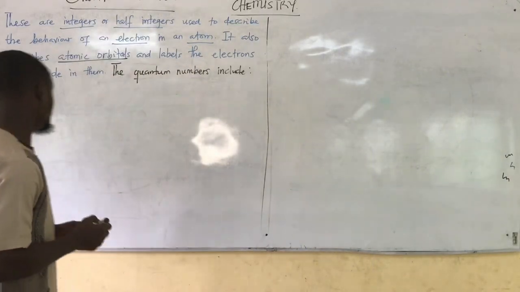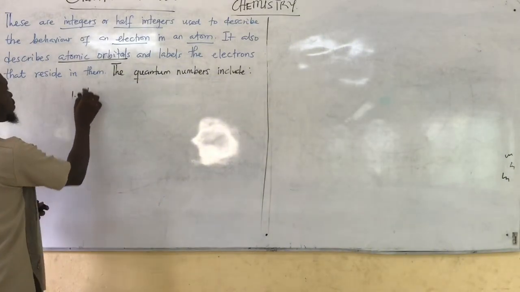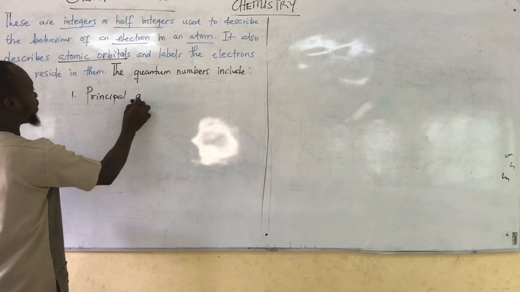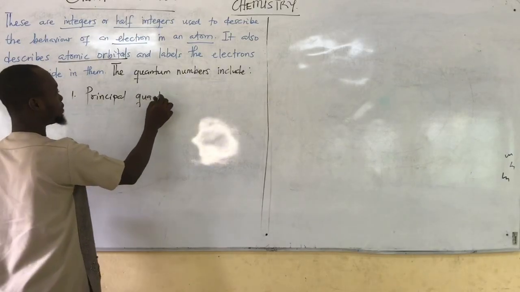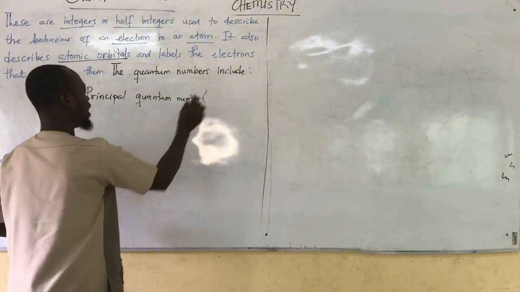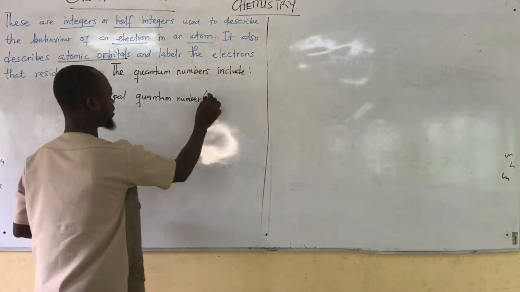One, we have what we call the principal quantum number. It is denoted by the variable small n.